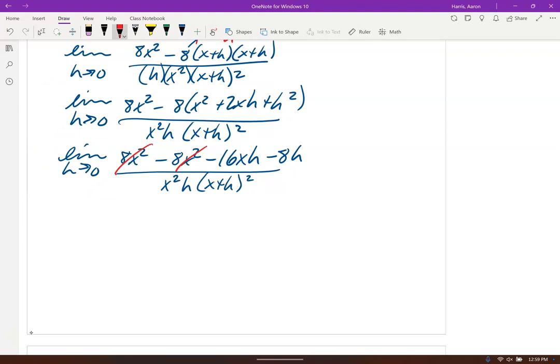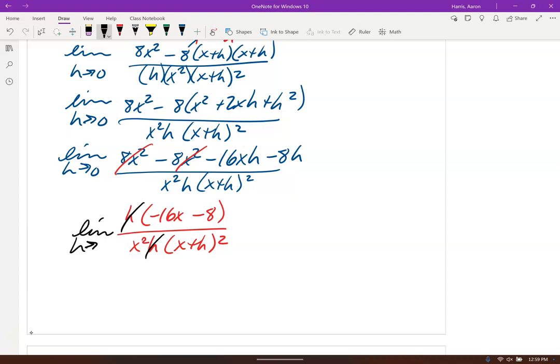I want to take an h out of the top, out of each of those, so negative 16x minus 8h, so that it cancels with that h on the bottom. So that h and that h cancel. Remember, we're taking the limit as h goes to 0. And now we can throw that 0 in for h fine.